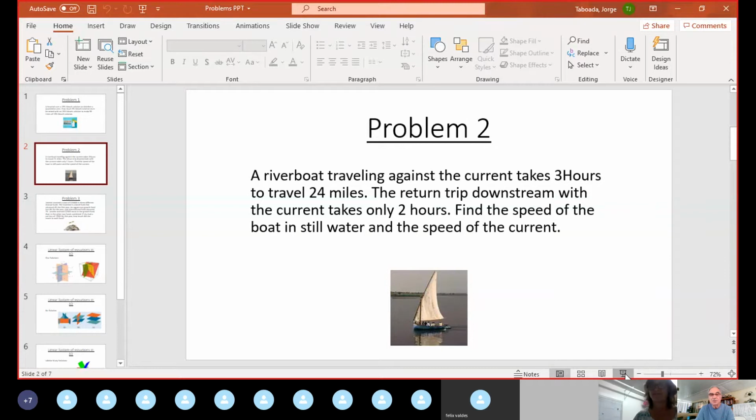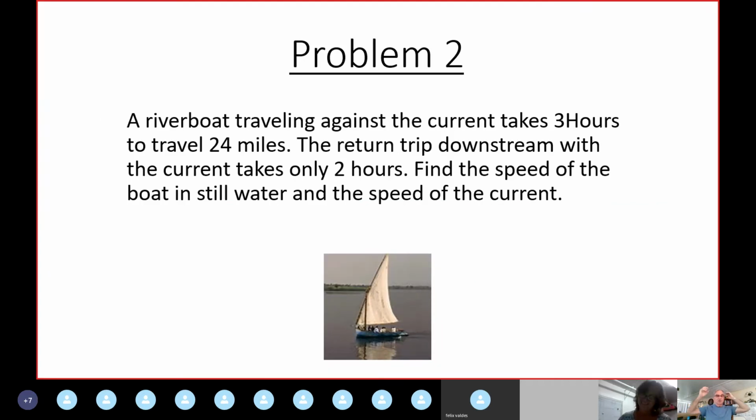I have this situation. Okay, please copy. Open your PowerPoint and you can see the problem. I give you 30 seconds to copy that.